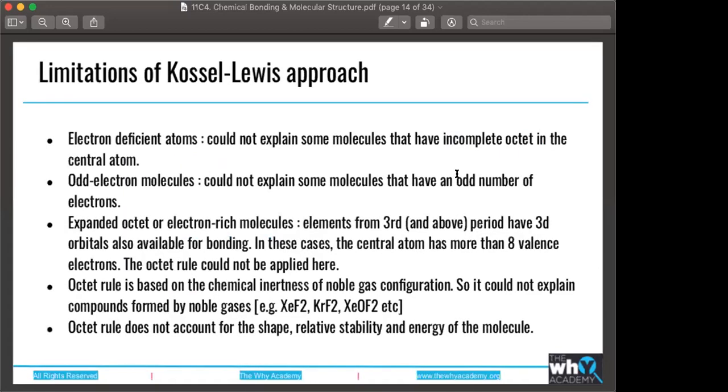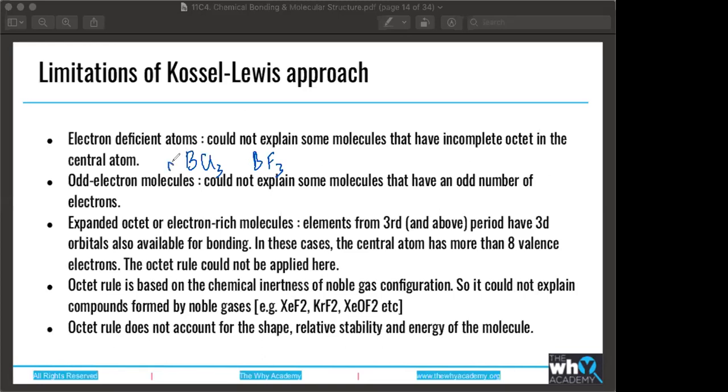Now the limitations. As we saw, the Lewis-Kossel postulates could not explain some molecules that have an incomplete octet in the central atom, like BCl3 or BF3, boron trifluoride or boron trichloride. Boron is a non-metal. It doesn't tend to lose electrons to form ions.